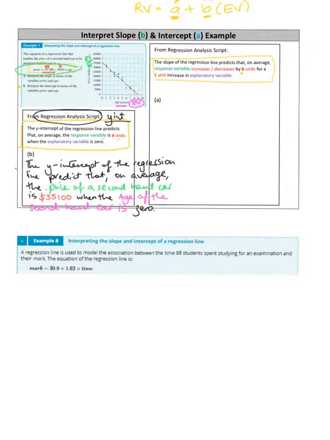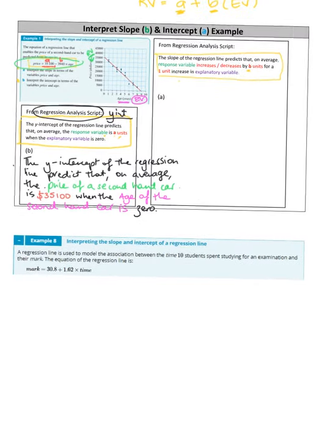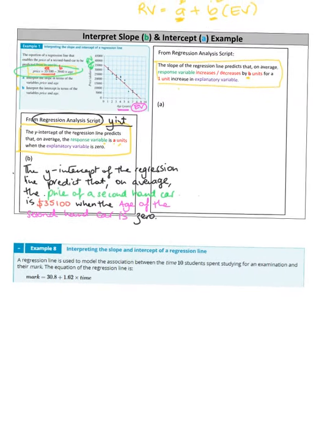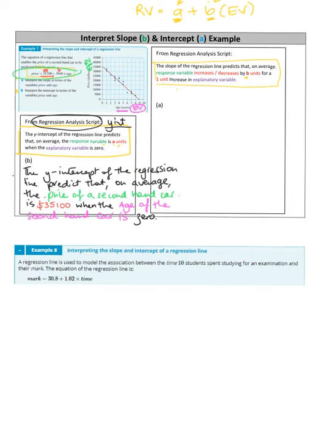Then the same thing for when we're looking at the slope. This one's a little bit trickier, but we'll see how we go. Same process, you're just going to rewrite this script. So the script is: the slope of the regression line predicts that on average the response variable increases or decreases. Now that's going to depend on the sign in front of your equation.